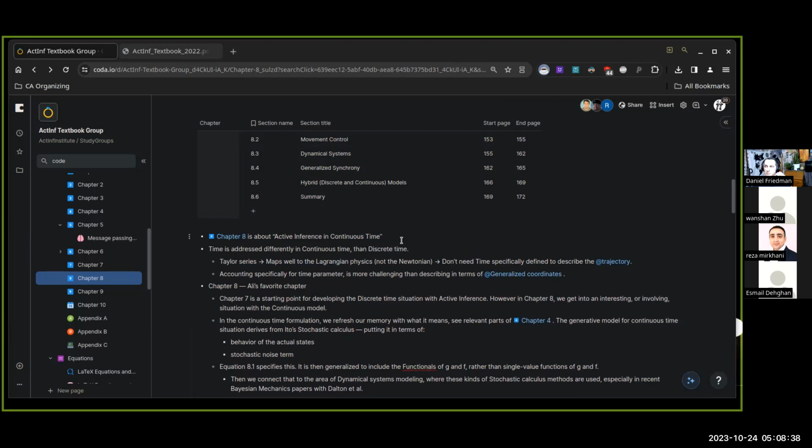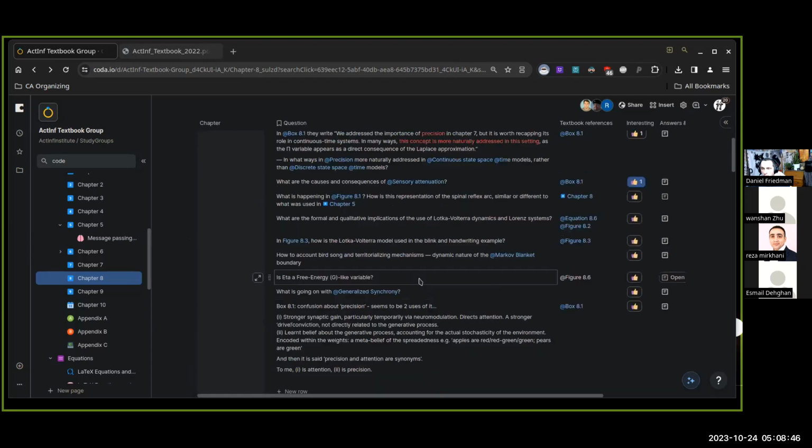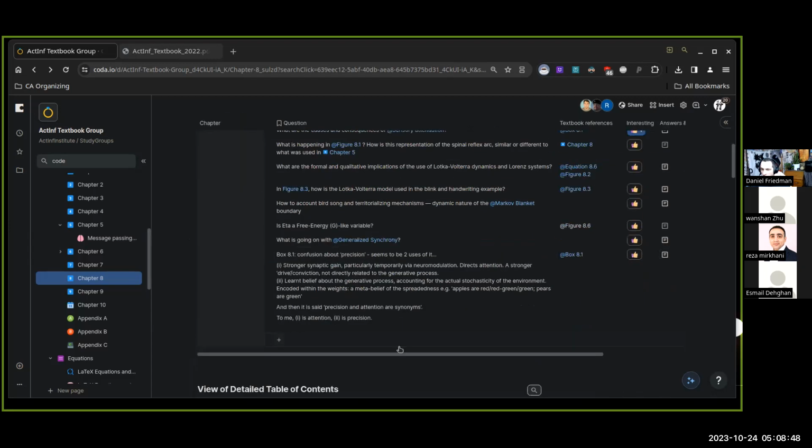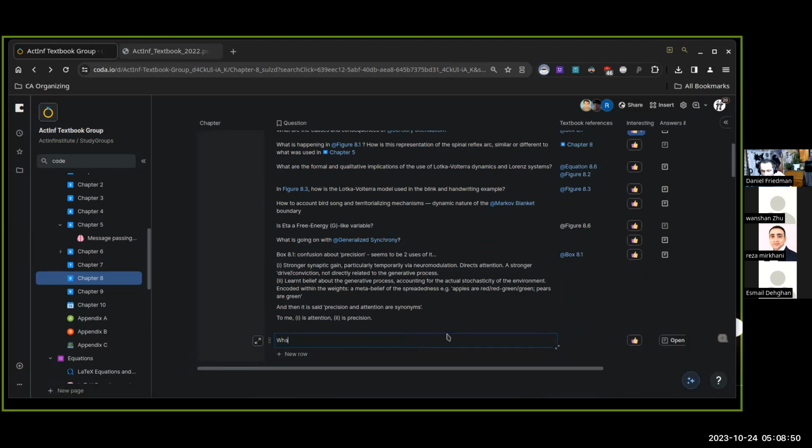Oh, yes, Daniel. I'm just wondering, what is the fundamental difference between a continuous time model and a discrete time model? Is the fundamental difference in terms of the state transition?